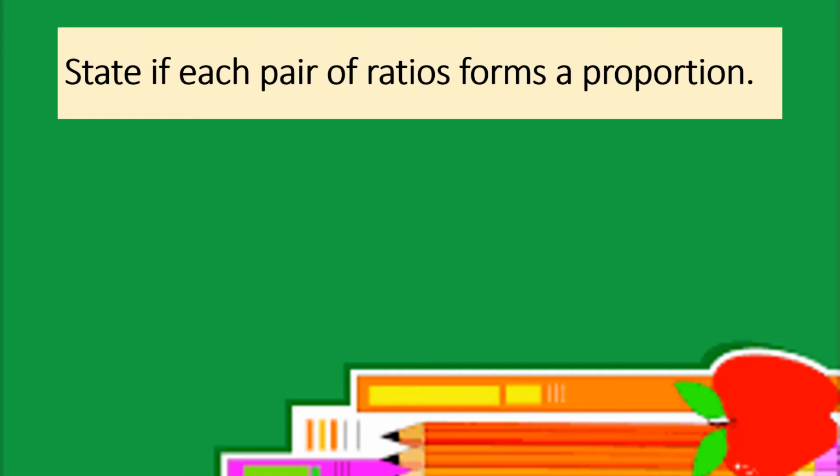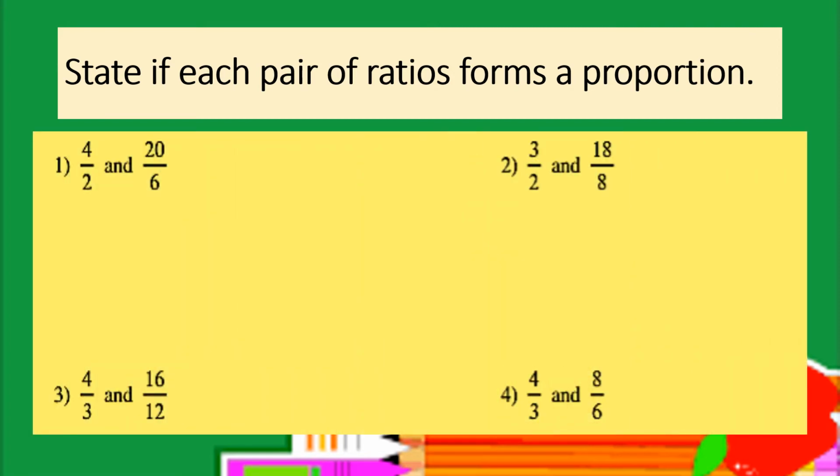Now, let us state if each pair of ratios forms a proportion. First one, 4:2 and 20:6. So we will apply cross multiplication. If the product of 4 and 6 is equal to the product of 2 and 20, meaning they are proportion. If not, they are not proportion.